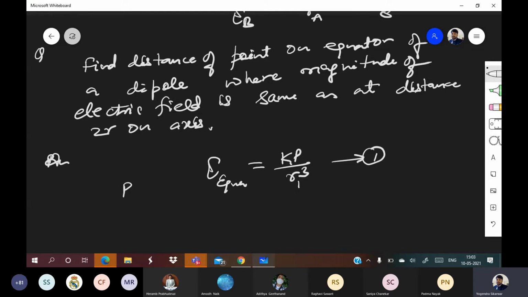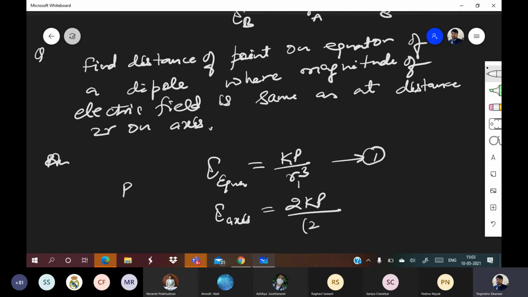This is 1. Now this value is equal to E axis, which is 2Kp upon, how much distance? 2R cube.